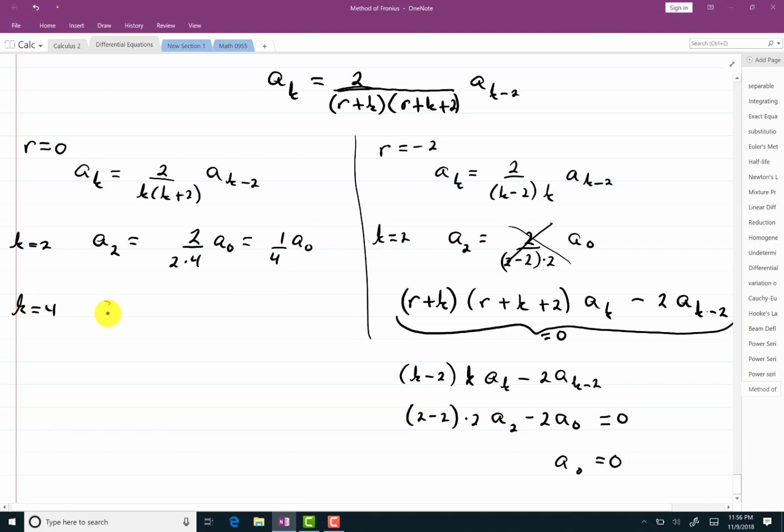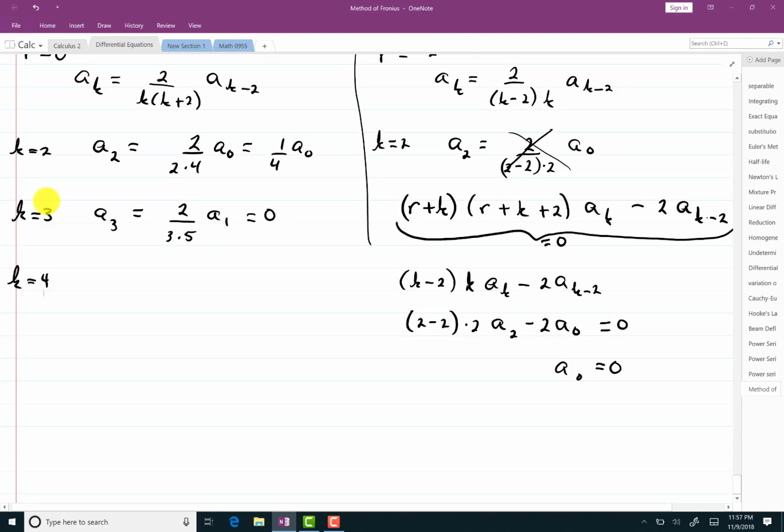So let's do k equals 3 first. I get a sub 3 equals 2 over 3 times 5, a sub 1, and that, of course, is 0. I don't need to do the odd ones, because when I get to a sub 5, it'll reference a sub 3. That'll be 0. I'm just going to have even ones then.